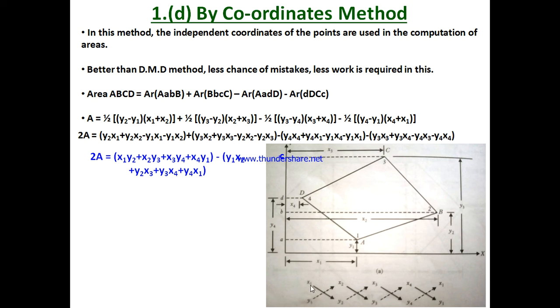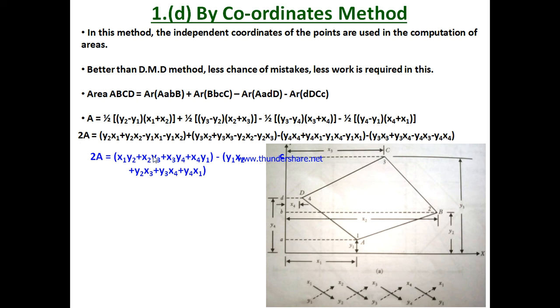So we will write all the coordinates like this: x1, x2, x3, x4, then x1, then y1, y2, y3, y4, y1. So we will just multiply x1y2 plus x2y3 plus x3y4 plus x4y1. You can see from here, minus y1x2 plus y2x3 plus y3x4 plus y4x1.